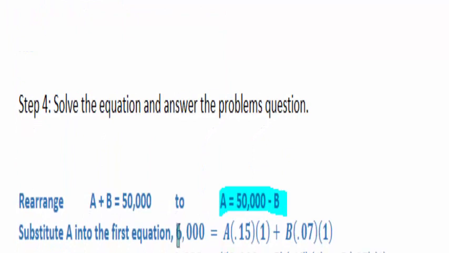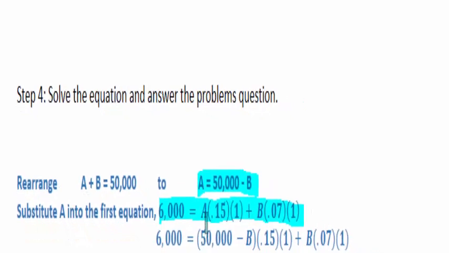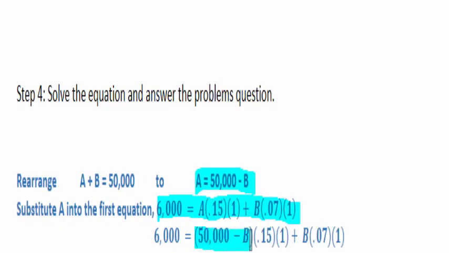So we have the first equation, 6,000 equals A times 0.15 times 1 plus B times 0.07 times 1. We also know that A equals 50,000 minus B, so we're going to substitute A right here for 50,000 minus B. That is our A value.